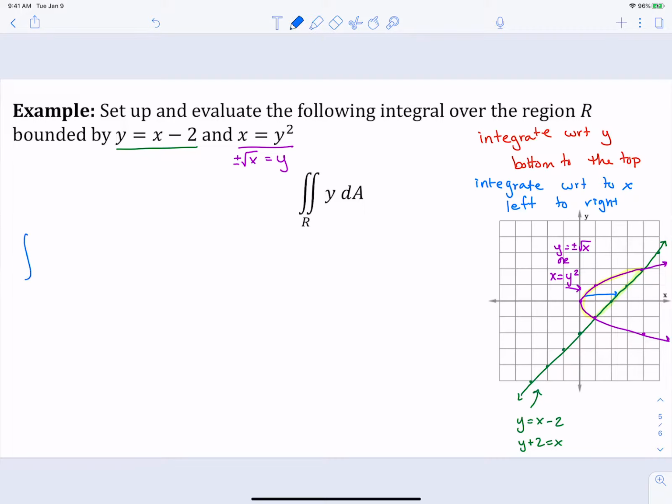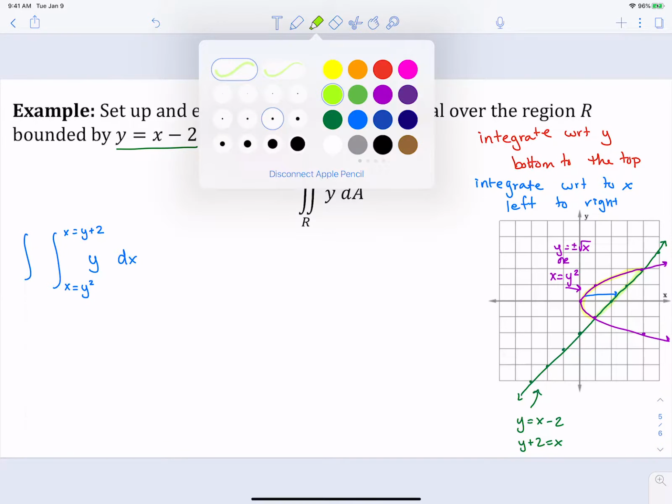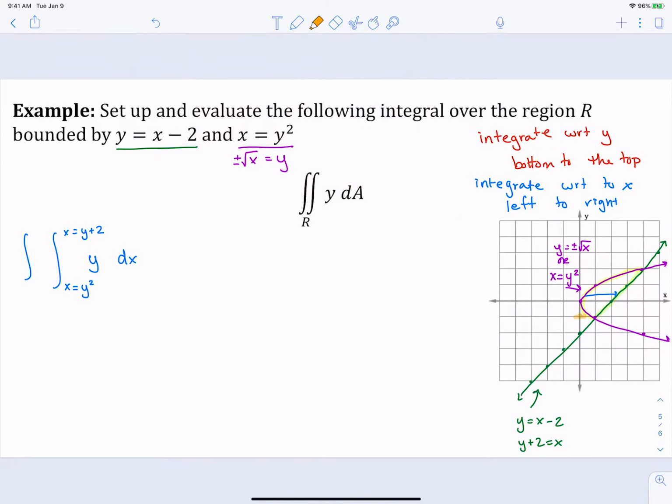So when we're setting up our limits of integration with respect to x, on the left is x equals y squared, and then x equals y plus 2. I'm just writing those with the x's for this moment. I will take those x's off, but we want them as x equals because, for our limits of integration for y, the lowest y value is -1 and the highest y value is 2.